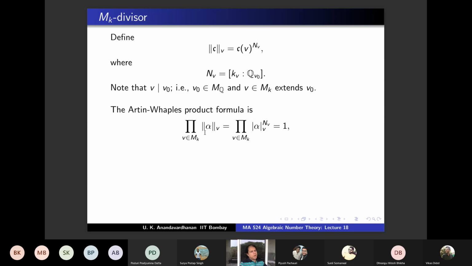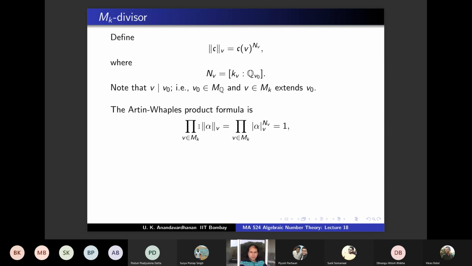The modulus of norm alpha, let us say with respect to V0, is equal to the product of modulus of alpha with respect to V, where the product is a finite product, V lying over V0, V extending V0. So once you have this formula and the product formula over Q, which is obvious, then you have the general product formula.